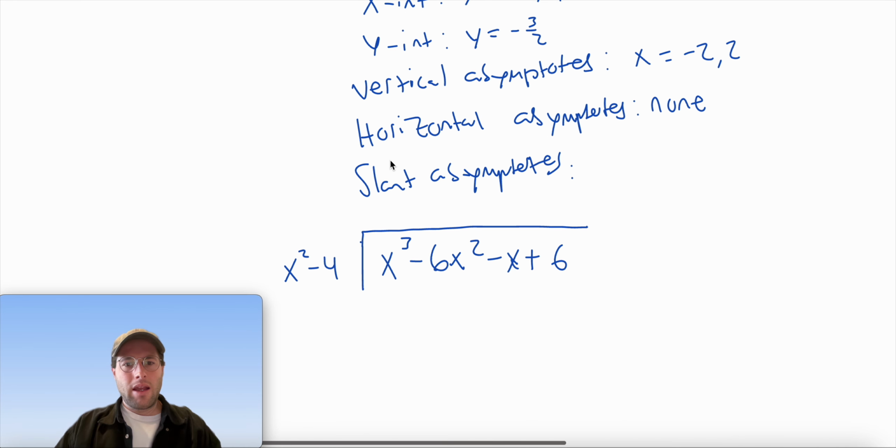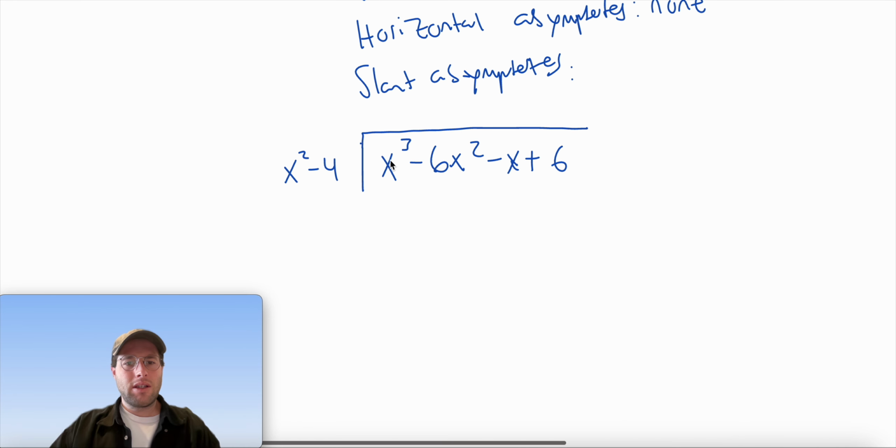Okay, and so doing this, what we want to do is look at these leading terms here and see what we need to multiply x squared by to get x cubed. And in this case, we need to multiply it by an x. So write an x here. And then we're going to multiply this x back through and write that right here and subtract.